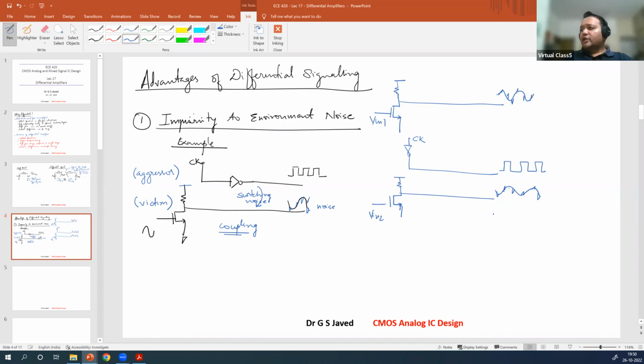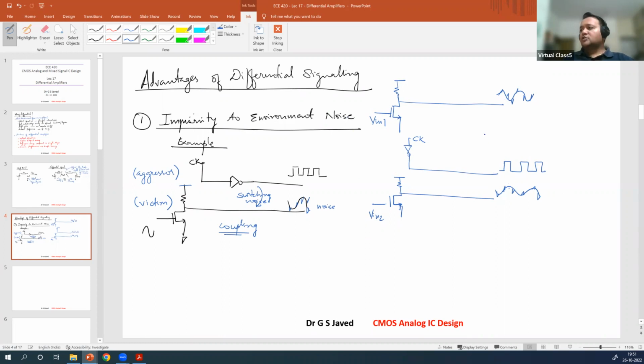But if you take the difference between the two, the edges will cancel with each other, and you will get a clean signal. So this means there is going to be immunity to environmental noise.